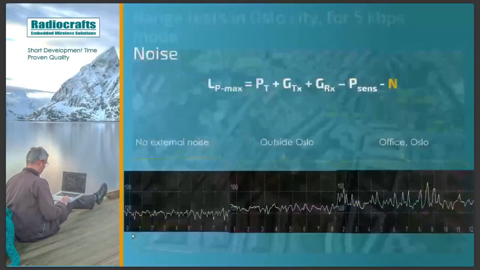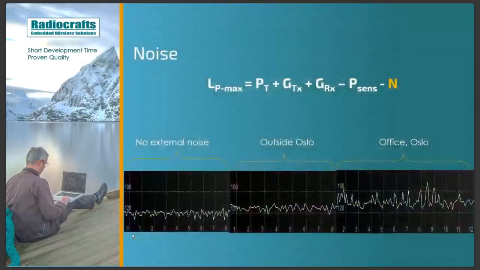This was again just explaining what background noise we had at these measurements. Here you also see the noise level going up to above minus 100, peaking at around minus 90. At those noise peaks, packets at minus 100 dBm would not be possible to receive.